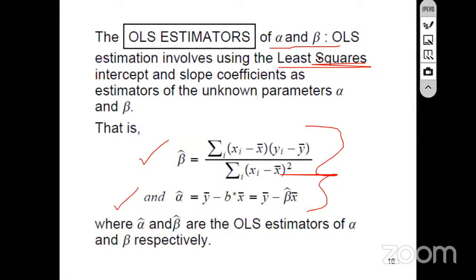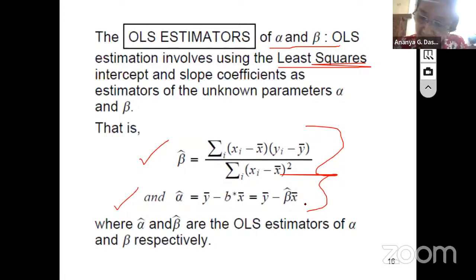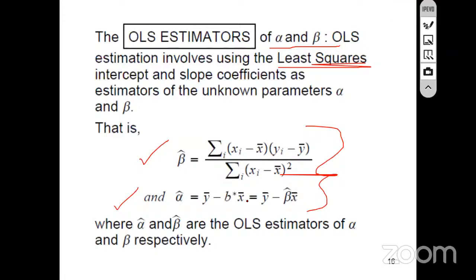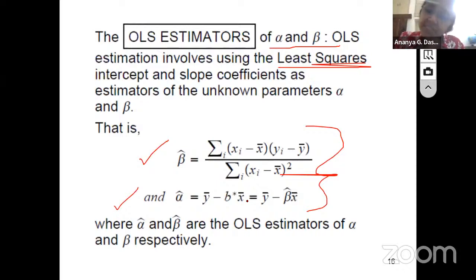Absolutely. And another question is, as you said, education and wages are two different variables measured on two different units. So don't we need to convert them into Z score before doing any further analysis? No. So here one is your dependent variable and one is your explanatory variable.